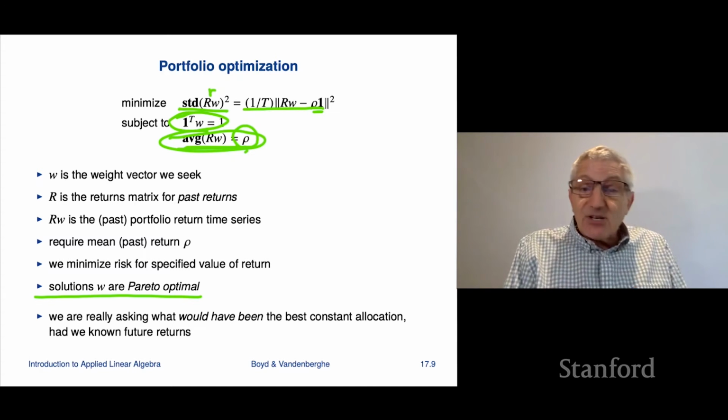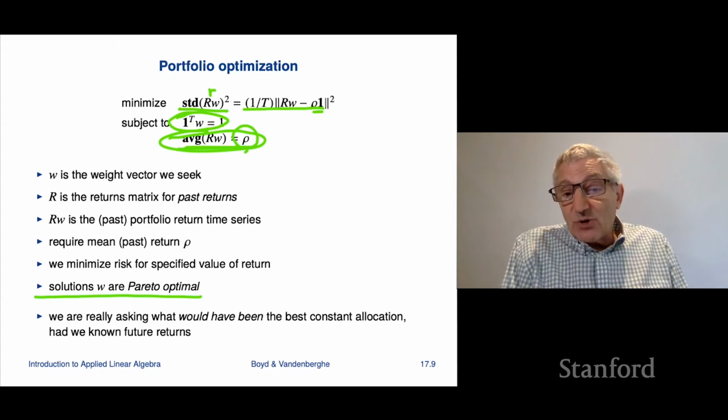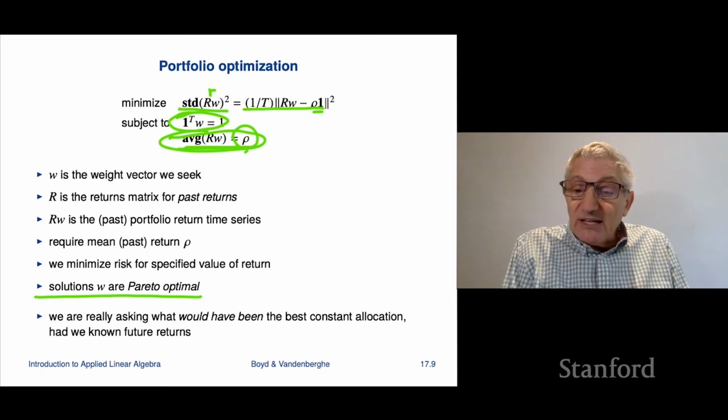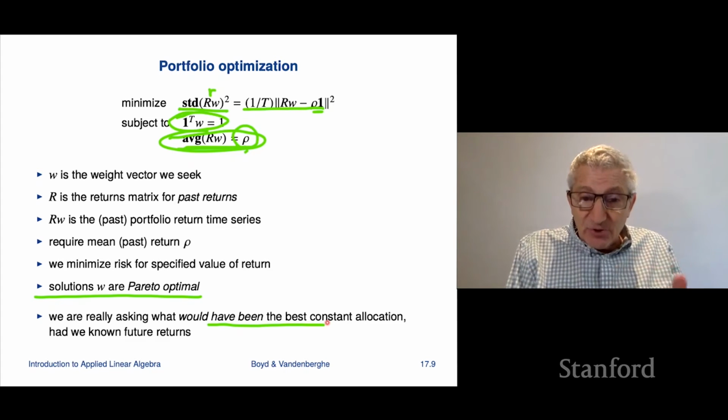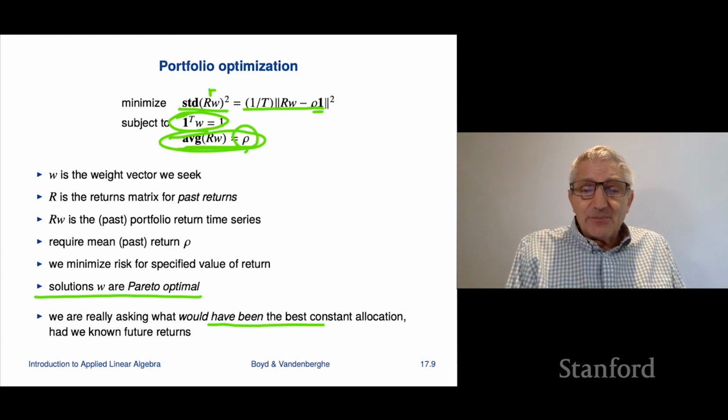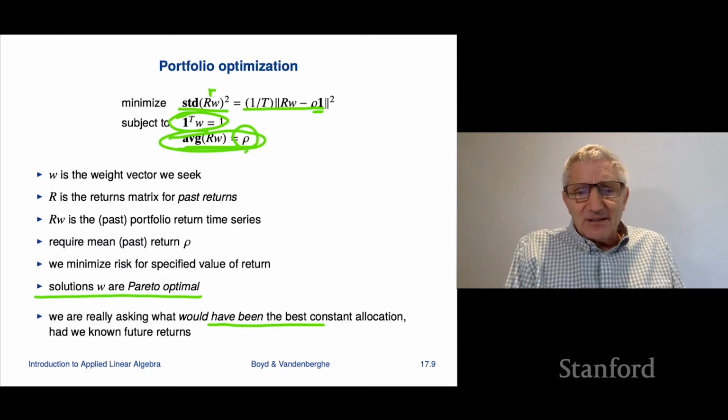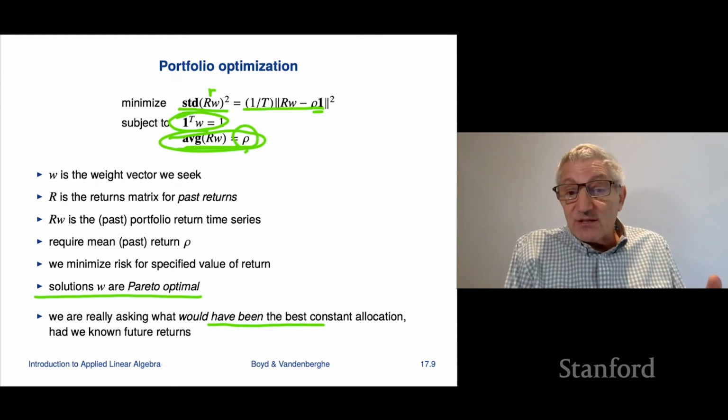Okay, and to be very precise about what we're doing when we solve this problem, we're really asking what would have been the best constant allocation had we known future returns. Now, that's a bit silly because, on its face, it's utterly useless.